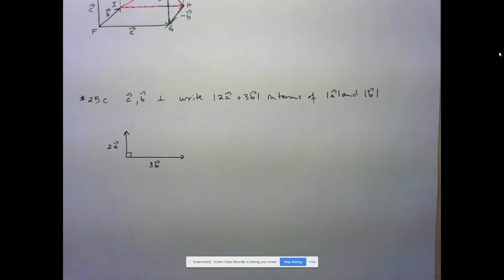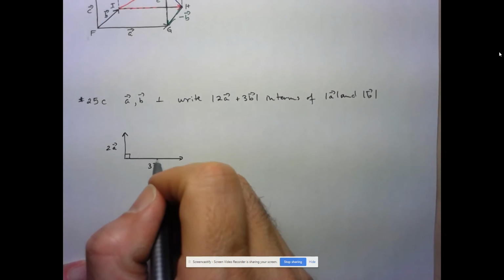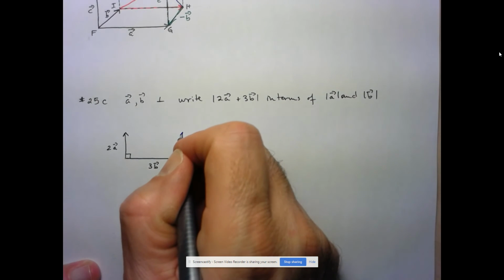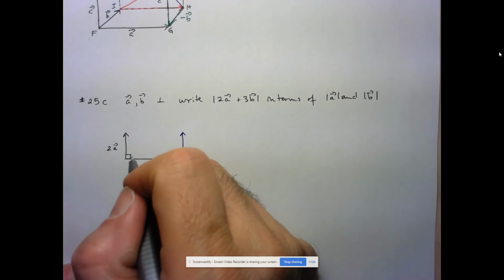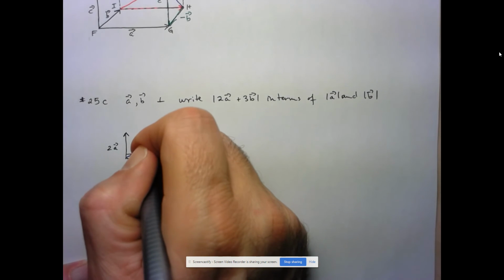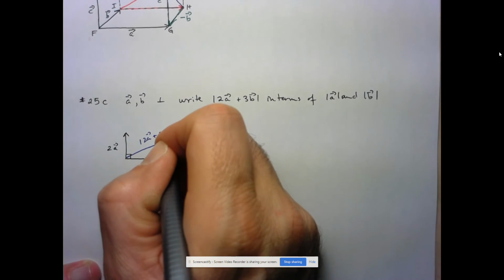If I want to add these together, of course, I'm going to move them tip to tail. So I'll move that one over, but that's still going to be a perpendicular angle, and this is the sum, 2A plus 3B.